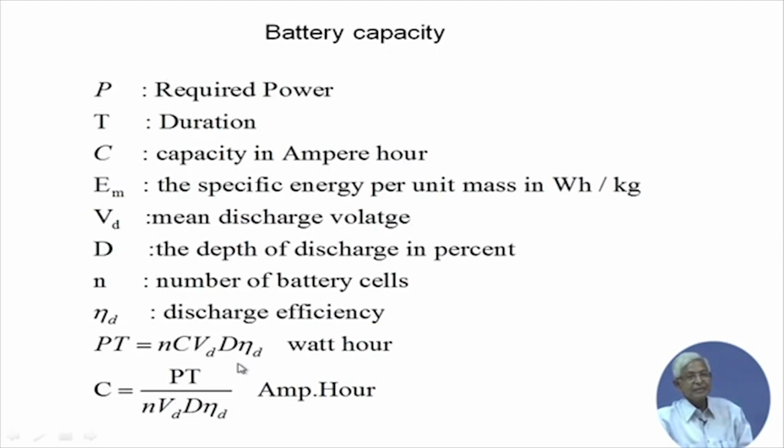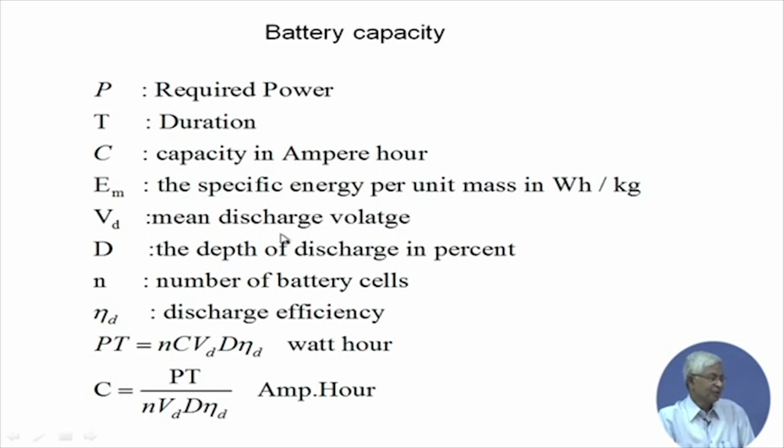Now, let us go into the secondary power consideration. That is the required battery power, let us assume is P, and the duration during which this required power has to be maintained by the battery is T, and the capacity of the battery in ampere hour is capital C. Specific energy, that is per unit mass, is watt hour per kg, that is EM.